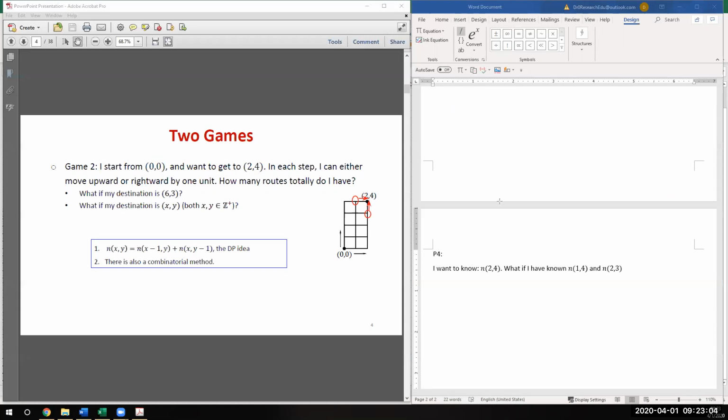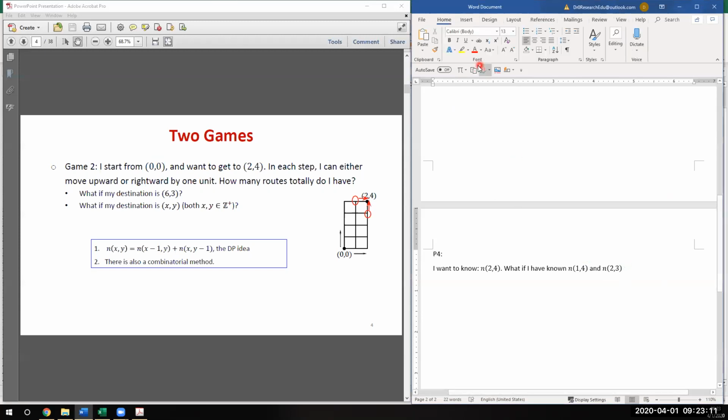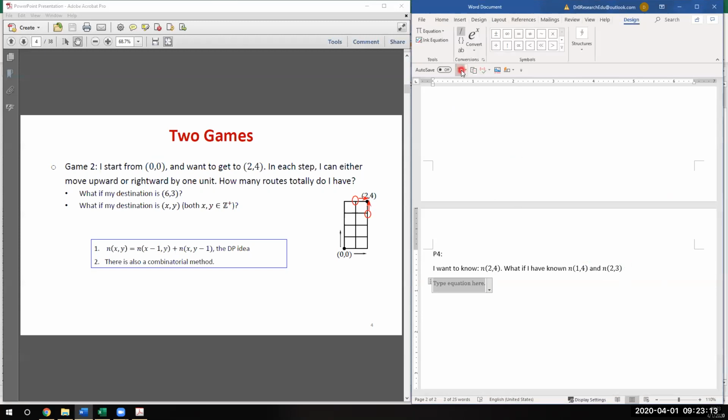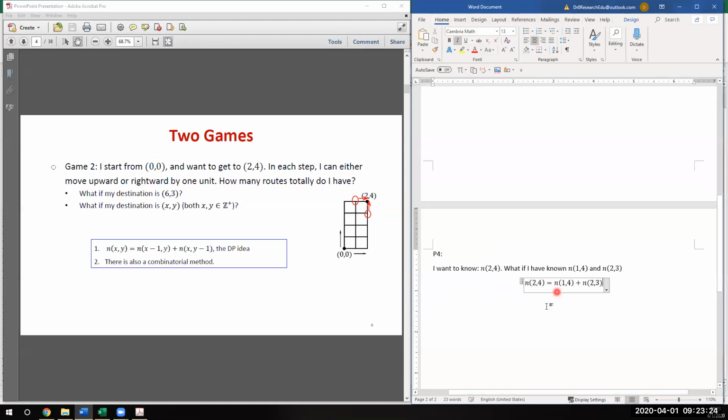Via 2, 3, right? So immediately I get a relationship. That is simply N(2,4) equals N(1,4) plus N(2,3), right? Again, because how would you go to 2, 4? You have only two ways, either go from here or go from here.